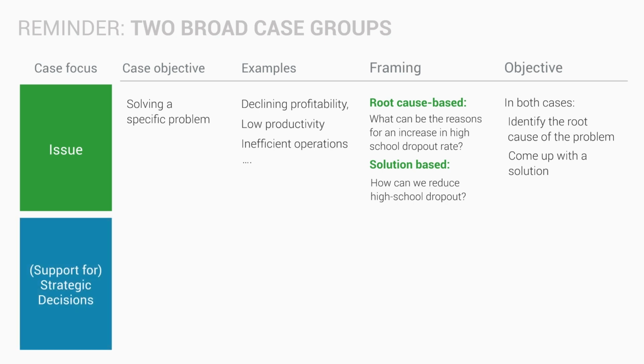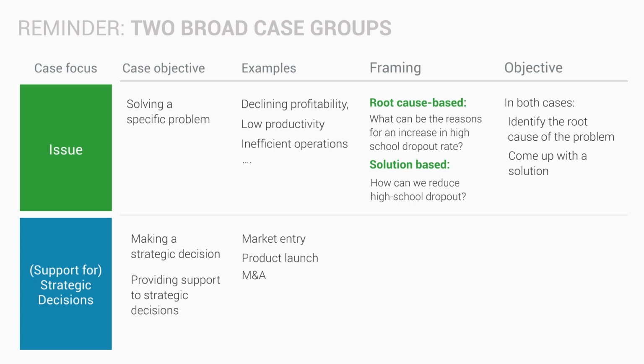The objective of a strategic decision-based case could be one of two kinds. The first is making a strategic decision, for example, market entry, product launch, or M&A. The second possible objective is to provide support for strategic decisions, for example, giving estimates, valuations, etc. Examples of strategic decision-based cases are those concerning market entry, product launch, and M&A.